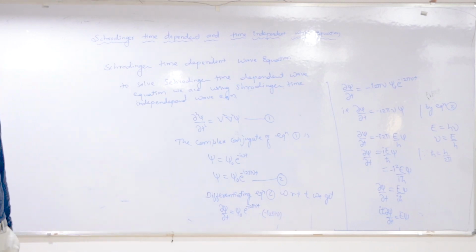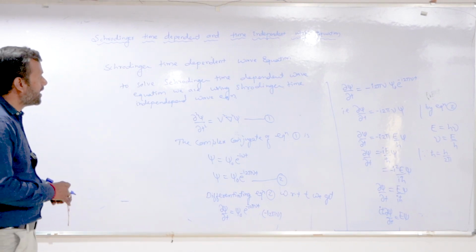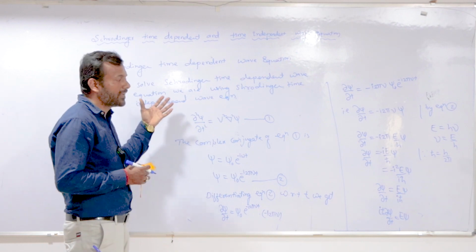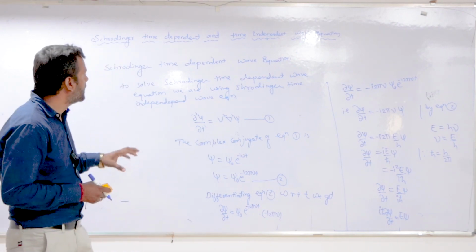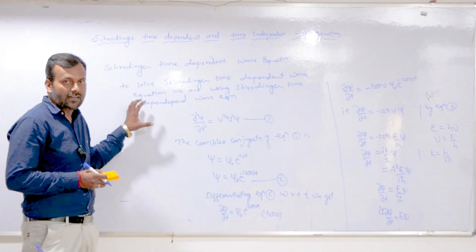This E psi value we will substitute in the time independent wave equation, as we are taking the Schrodinger time independent wave equation to solve the Schrodinger time dependent wave equation.